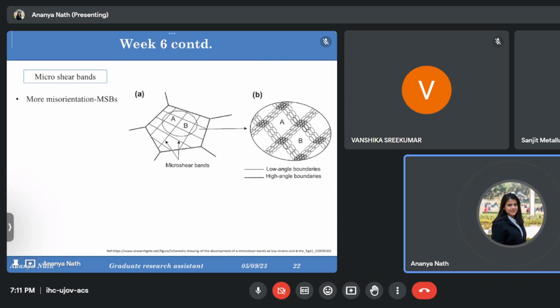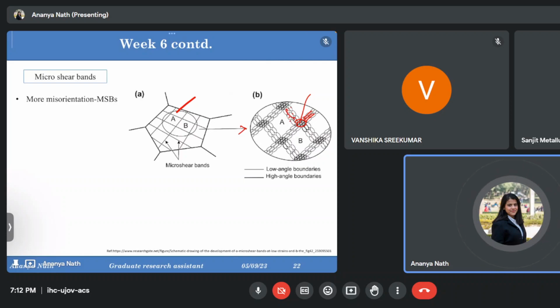So this is one grain, not one grain, but one portion which is shown here. These have some particular orientation, but at the joint, due to interaction of both the orientations, they have some high angle boundary because there is some misorientation.